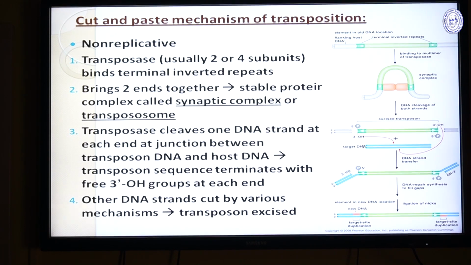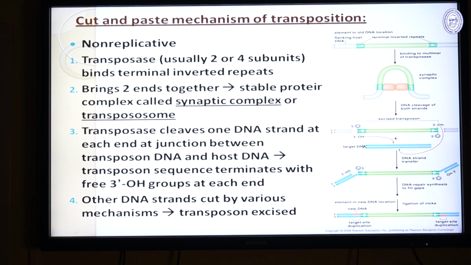Now what do they do? The transposase enzyme binds directly to the terminal inverted repeats. That means the enzyme produced binds to the 2 dark green terminal inverted repeats, and you can see the orange colored thing, which is the enzyme, binding to the 2 dark green parts.